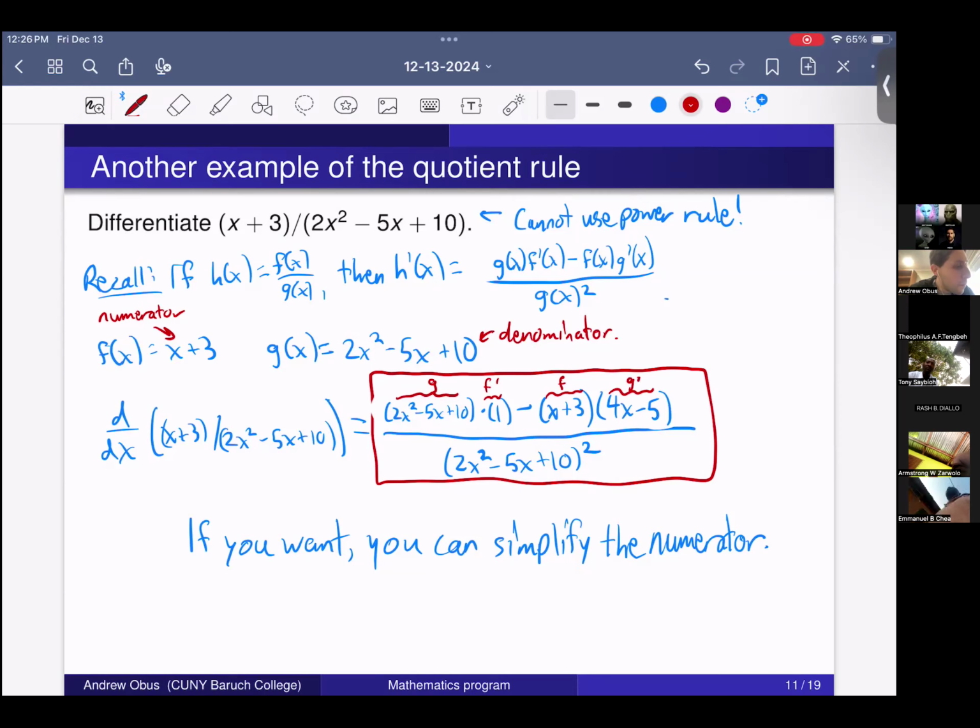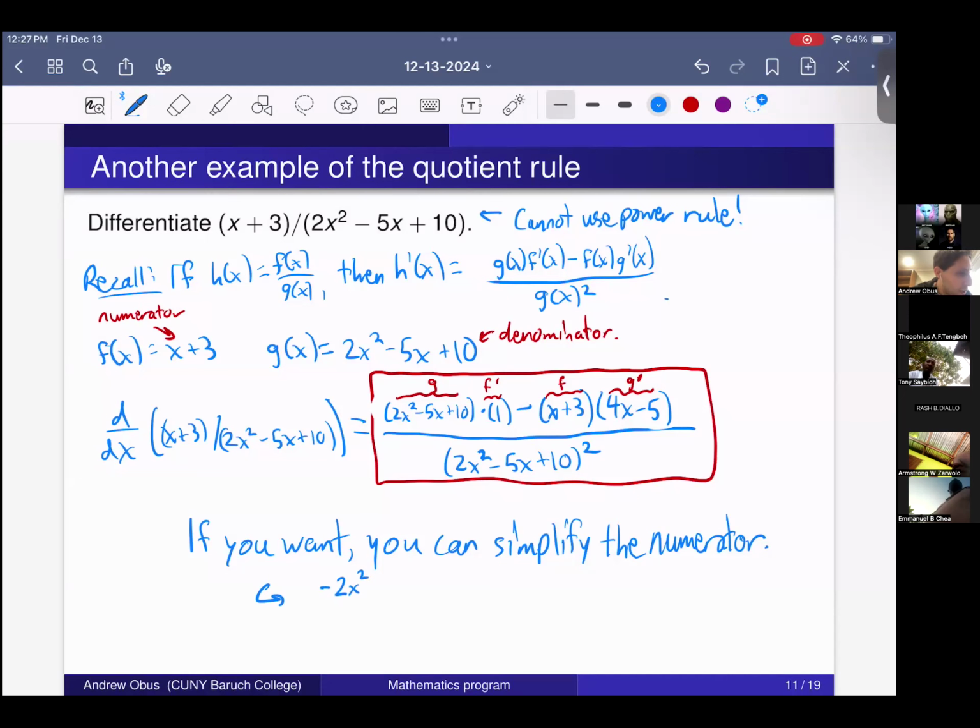So the answer I tried to simplify was 2x squared minus 22x plus 45, all divided by 2x squared minus 5x plus 10, all squared. But I think you have to negate that numerator, so it should be negative 2x squared.